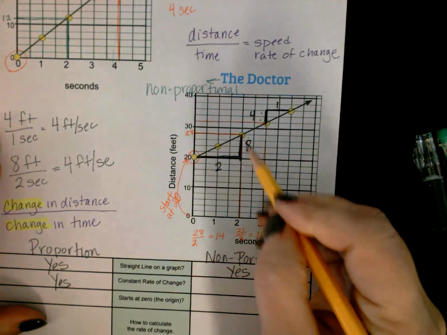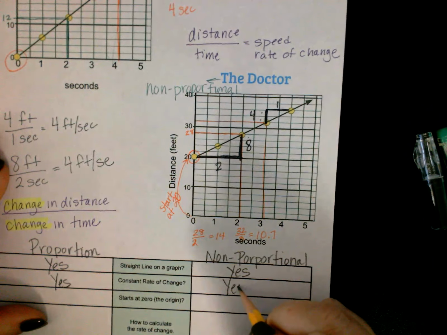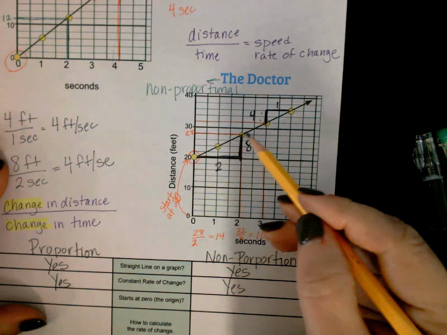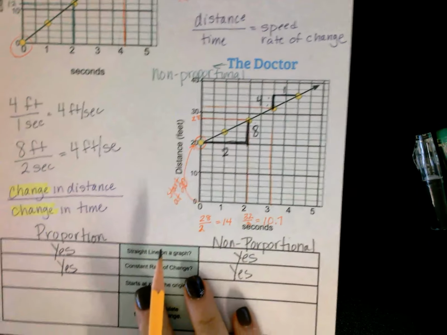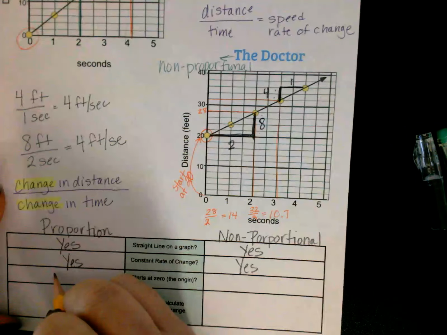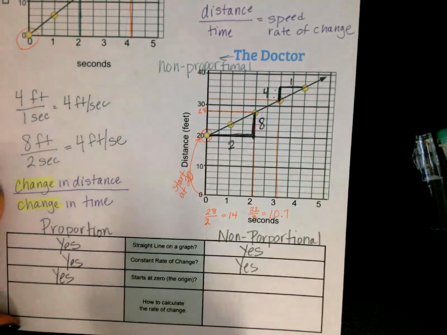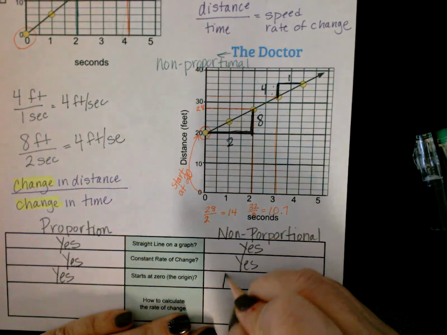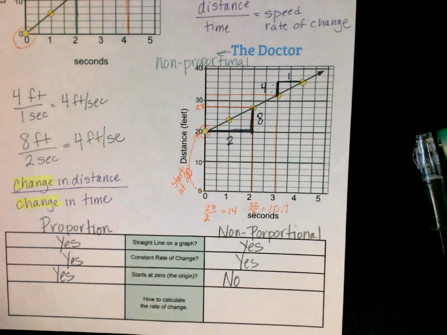The doctor was traveling 4 feet per second, no matter where you looked on your graph, if you connected the good points there. Do they start at 0, the origin? Yes, if it's a proportional relationship. No, if it is not proportional, known as non-proportional.